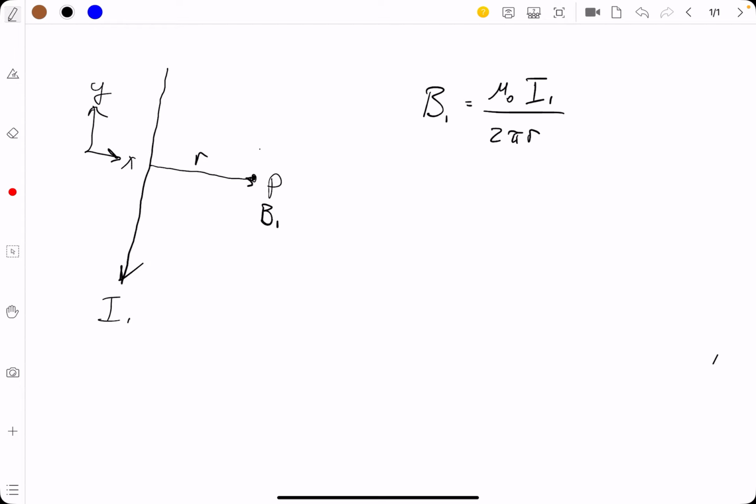So what if we put another wire completely parallel, and we send it in with some current I2 at that very distance r, right through our point.